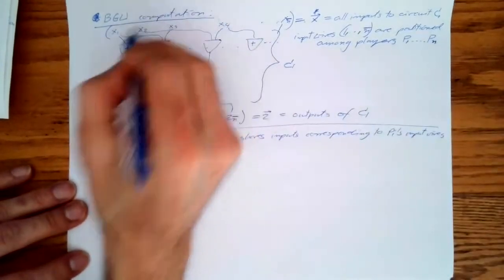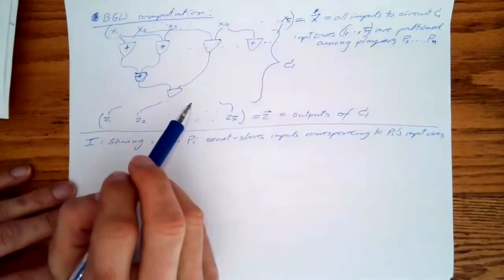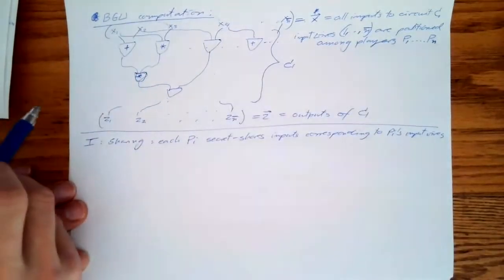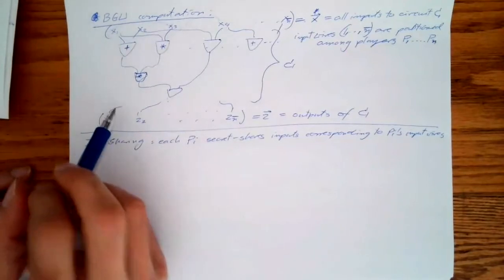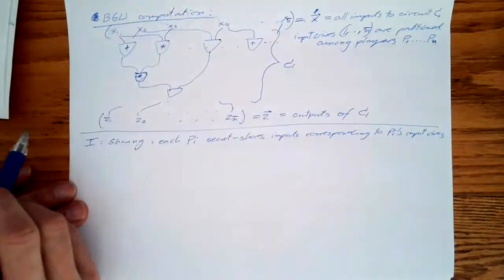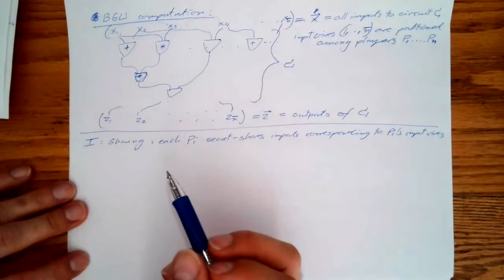So there is some subset of wires that are supposed to be P1's inputs. He has some values on these wires. He secret shares them. And P2 does the same with his set of inputs, etc.